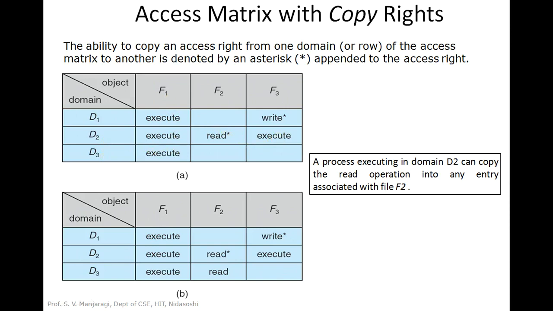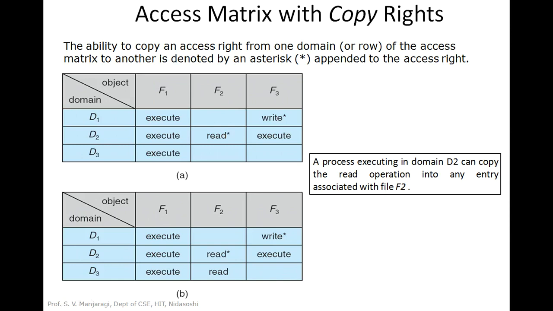Here, a process executing in the domain D2 can copy the read operation into an entry associated with the file F2. The read operation for domain D2 on file F2 is indicated as a copy right operation, which is marked with an asterisk.